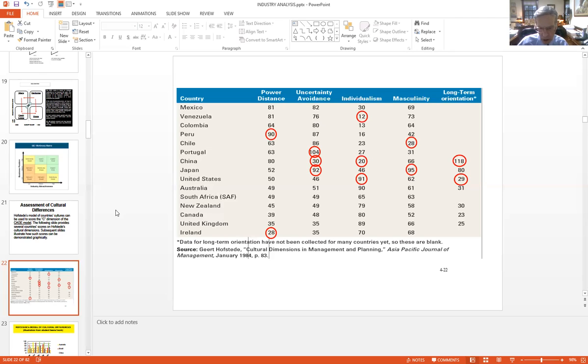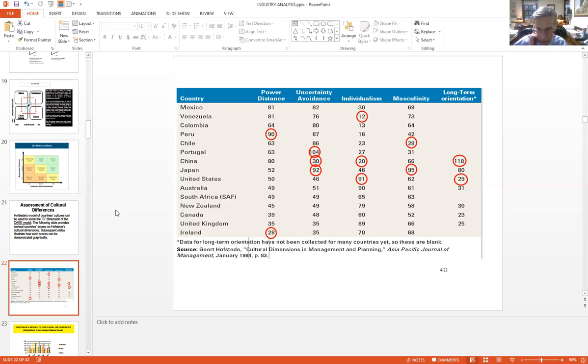And so you can see that Chile has low masculinity. In other words, there's not as much motivation to own and hold and have things as there is in Japan, for instance. And you can see the United States is not as masculine on this scale as Japan was back when the scale was built.